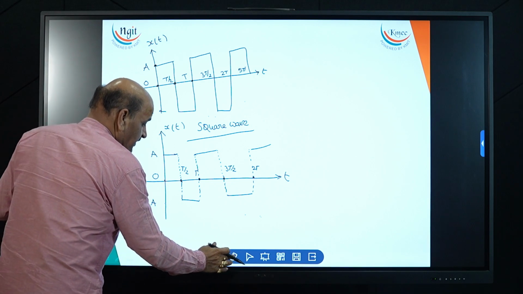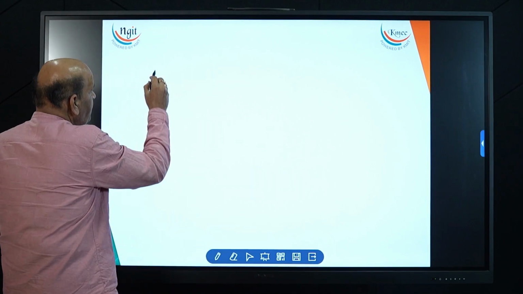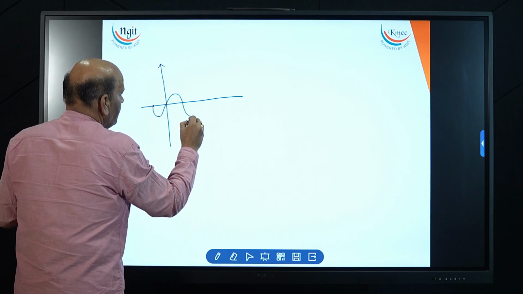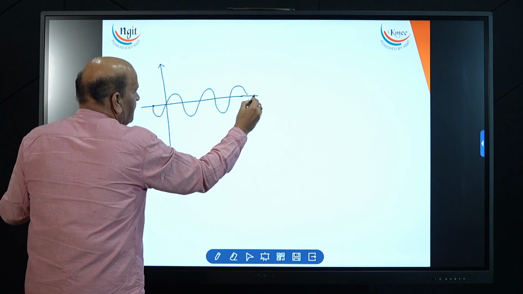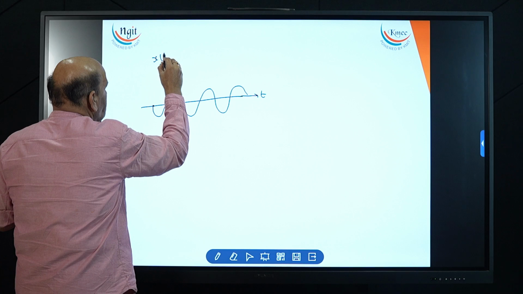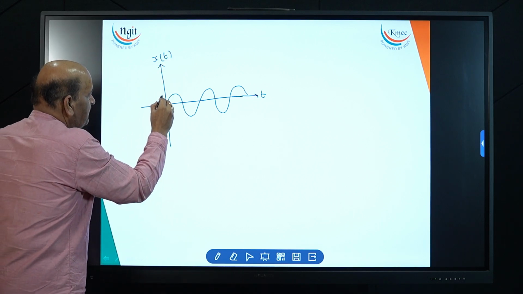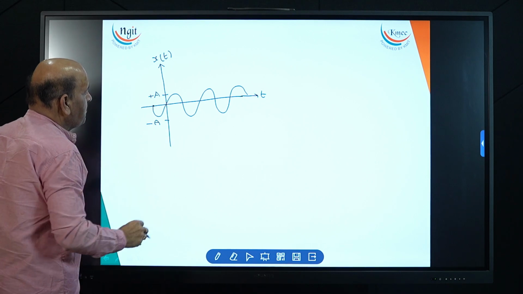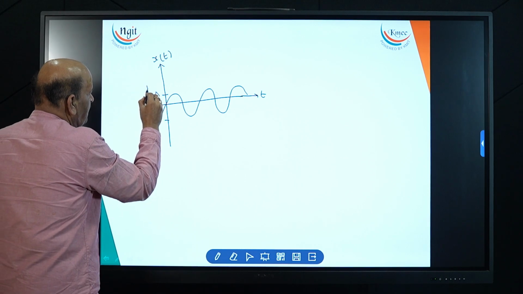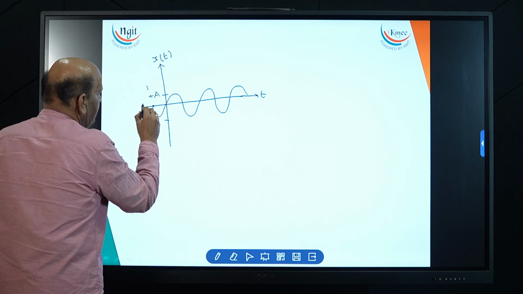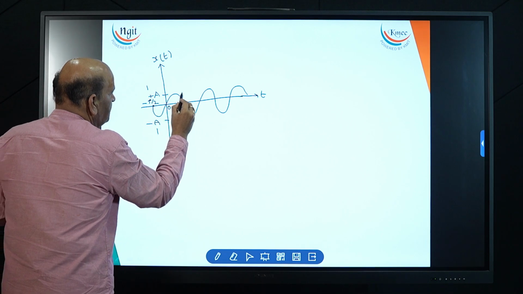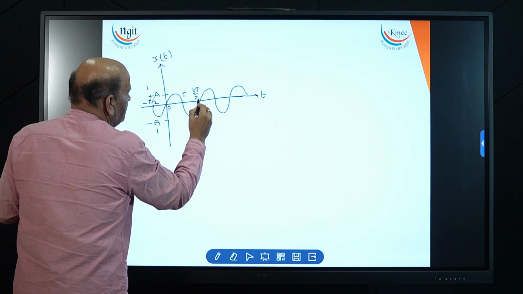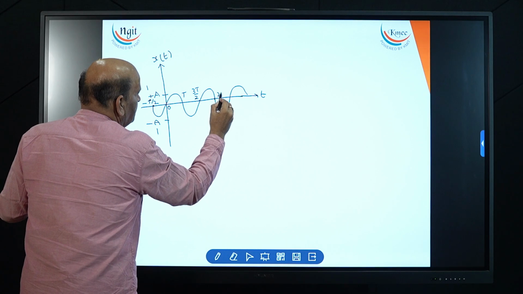Now you can make another one. Suppose a curve is given like this. Find the Fourier series of this. This is A, this is minus A. Or you can keep 1 or minus 1. Here this is minus T by 2, 0, this is T. Here this is 3T by 2, this is 2T, like this, the curve.